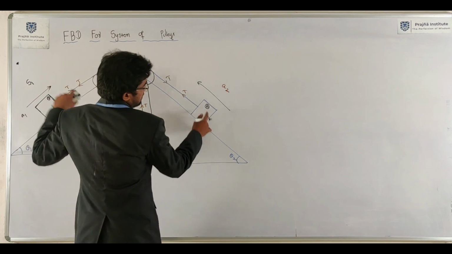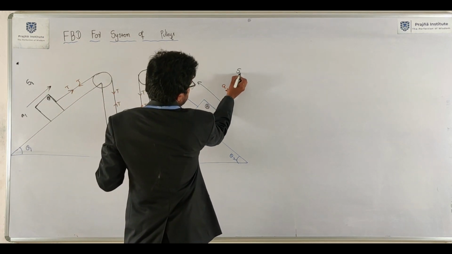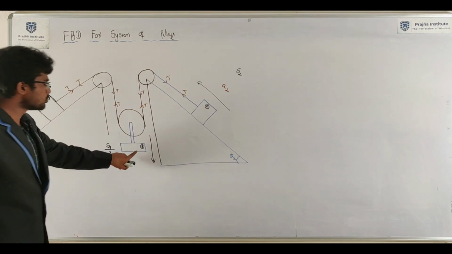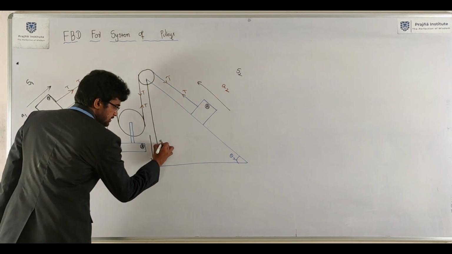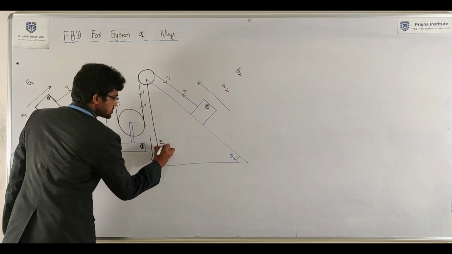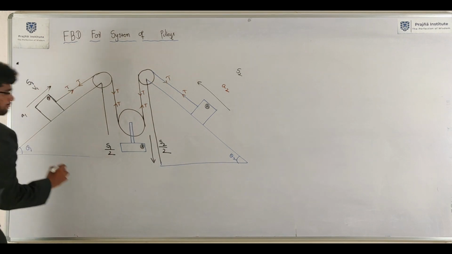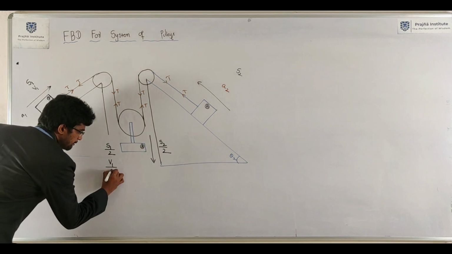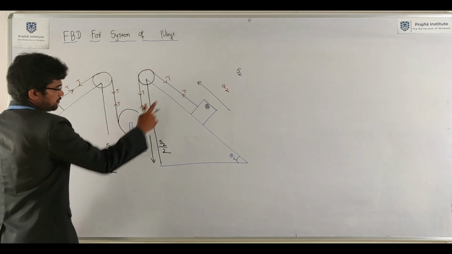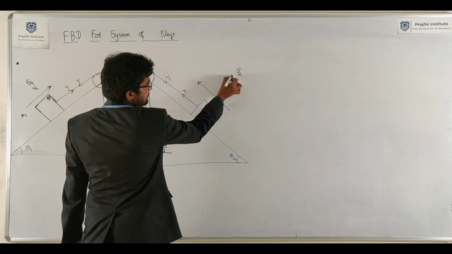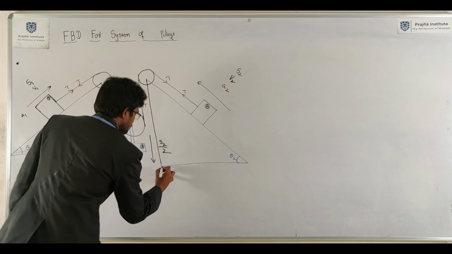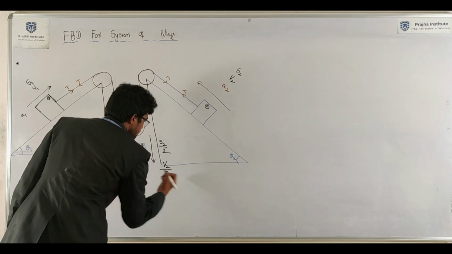The distance moved by block 2 is S2. Then the distance moved by block 3 is S2 by 2. If it is V1, V1 by 2. If it is V2, V2 by 2.